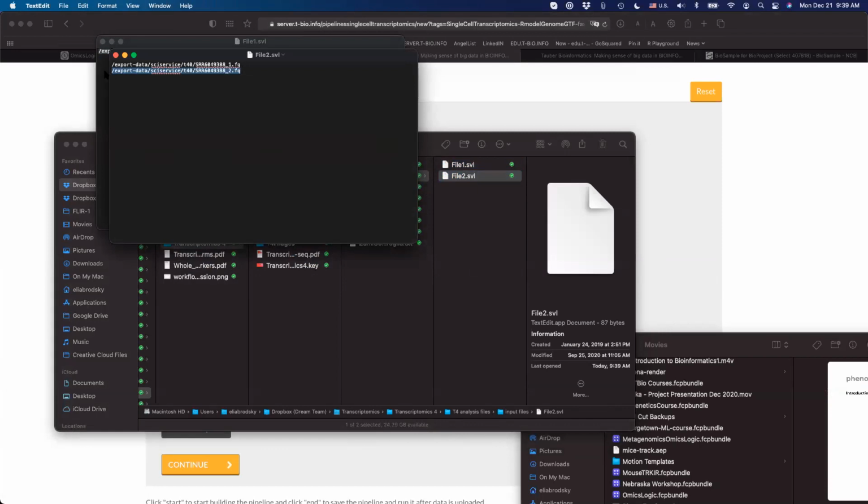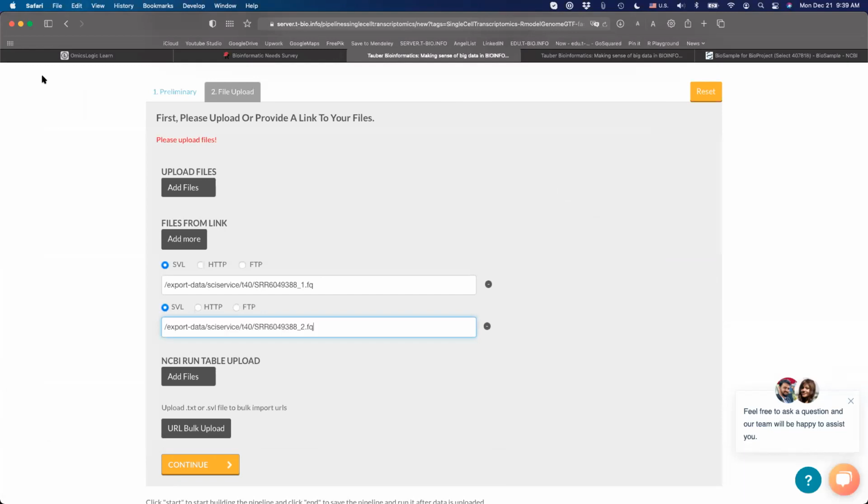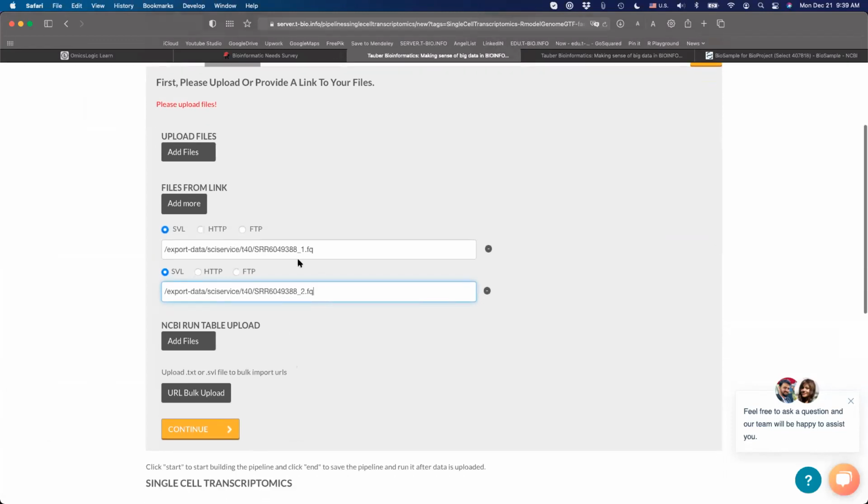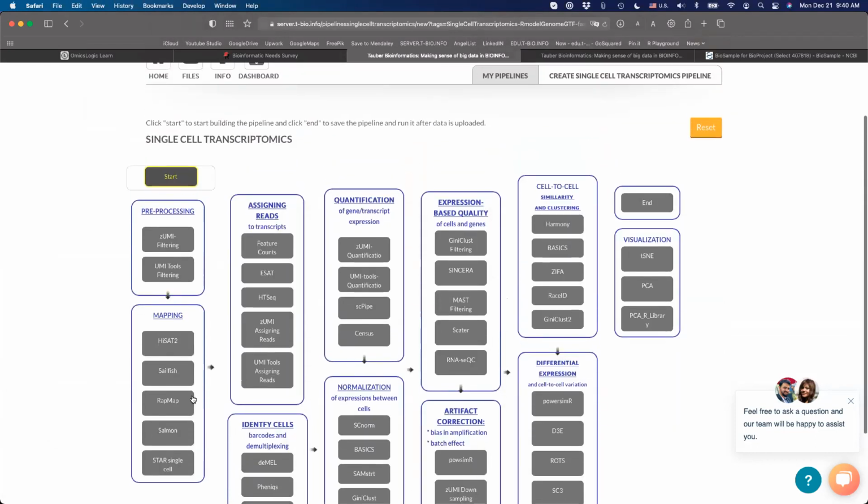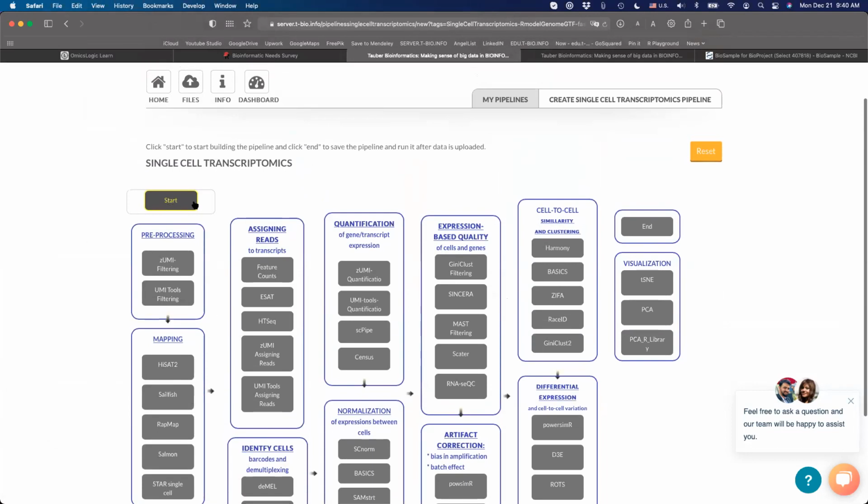This is 2. Okay, sorry. So both of them I see are right here. So we have _1, _2. So just remember that, you follow this logic every time we have a project. And now we can start the pipeline.